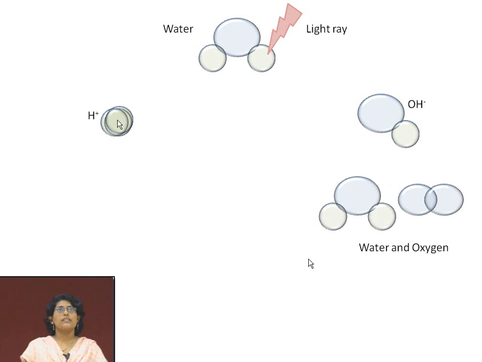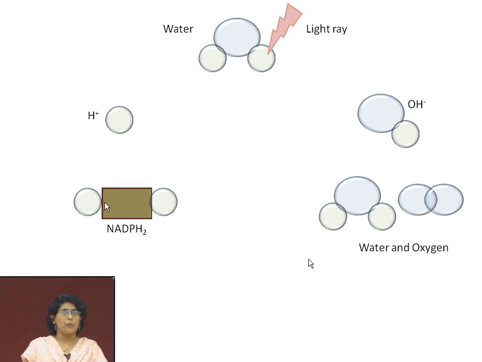Next, what happens to these H plus ions? These H plus ions then react with NADP, nicotinamide adenine dinucleotide phosphate. The H plus ions which are produced during the photolysis of water react with NADP to produce NADPH2. NADP molecule binds with 2 hydrogen atoms to form the reducing agent called NADPH2.